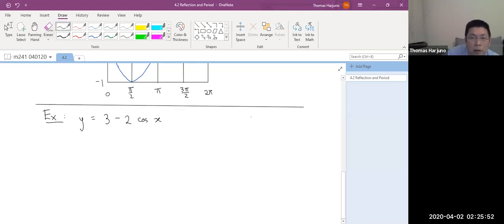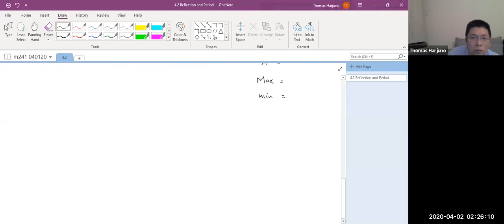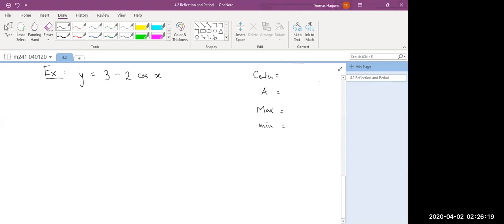So find the center, the amplitude, which basically gives you, from there you will get the maximum, you get the minimum. Once you get those, then you do the 2 by 4 table.